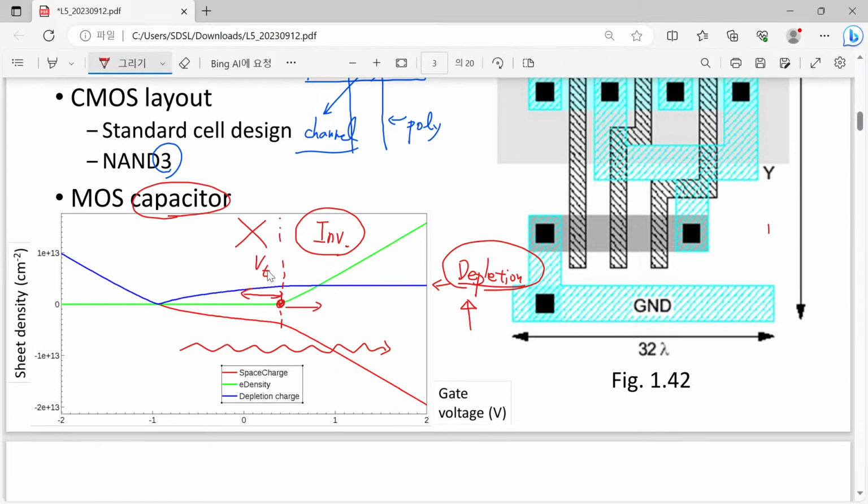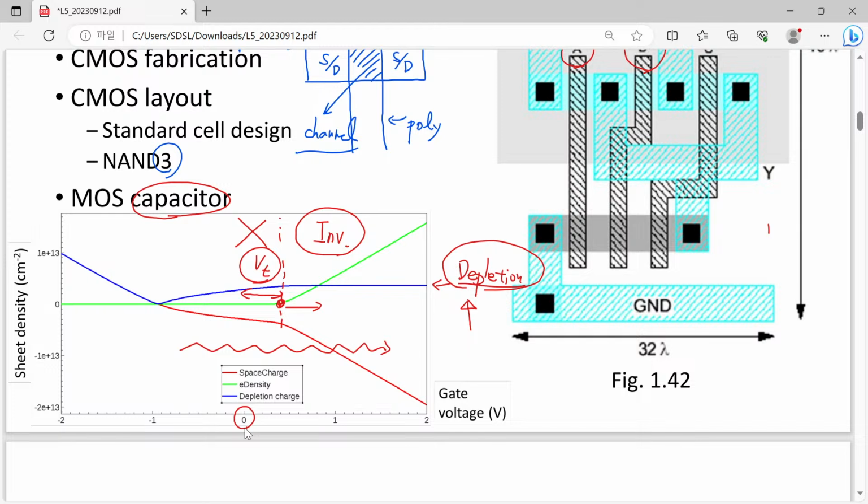The positiveness of this threshold voltage is quite important for our application, because in this case we can clearly make the distinction between 0 volt and, say, 1 volt or 2 volt like VDD. So when we apply 0 volt, there is no free carrier.